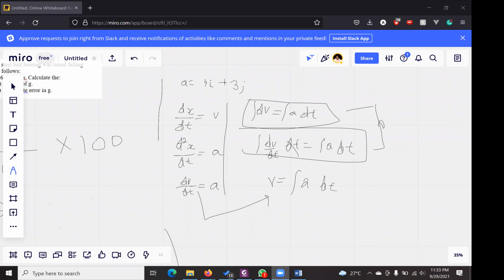To get v by itself, I have to remove the differential, and the only way to remove the differential is to do the opposite, which is to integrate. Boom, you have an integral sign over the right-hand side as well. Remember from 6th grade, anything we do to one side, we do to the other. That answer your question? Yeah.